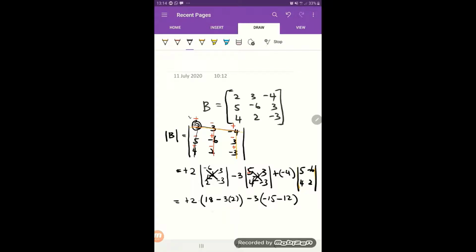Positive negative is negative. And then 4 times: 5 times 2 is 10, minus the opposite, 5 times negative 6. After you press your calculator, you find the answer is negative 31. That means the determinant of matrix B is negative 31.